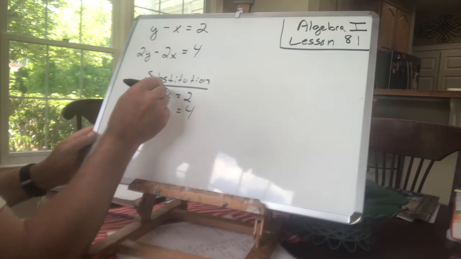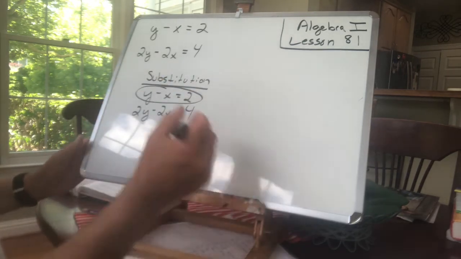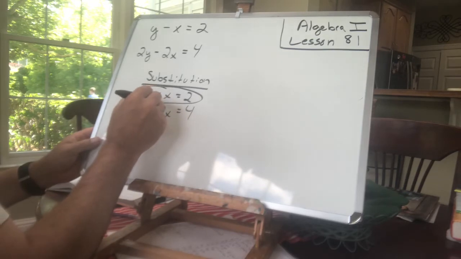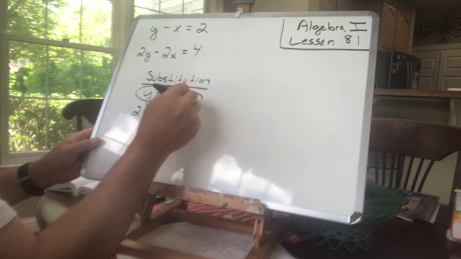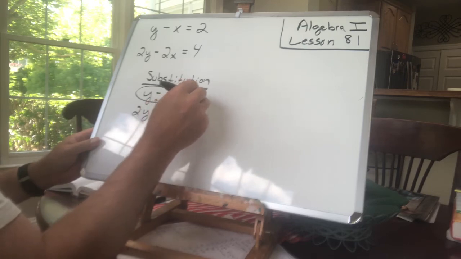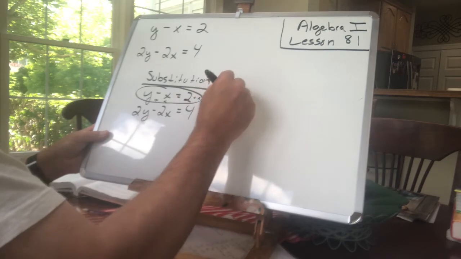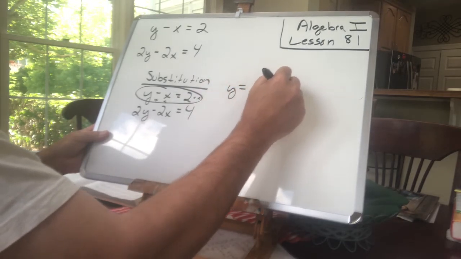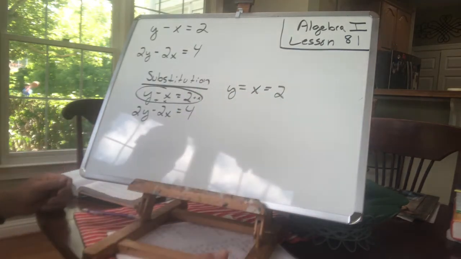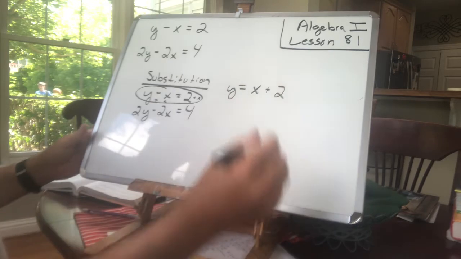In this equation right here, y is going to equal, if I move x over to the other side, I'm going to add x there. So what I want to rewrite this as is y equals x plus 2.